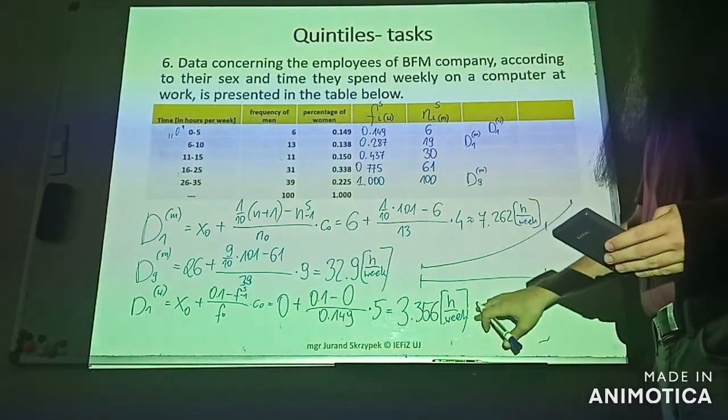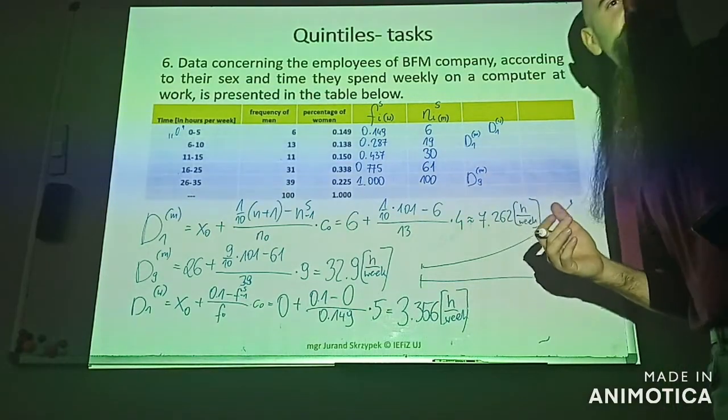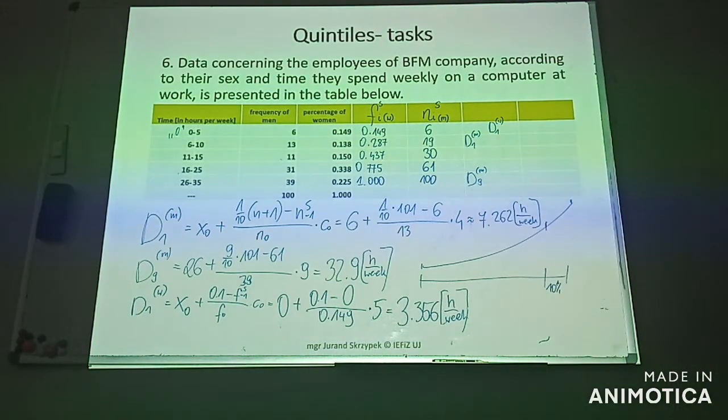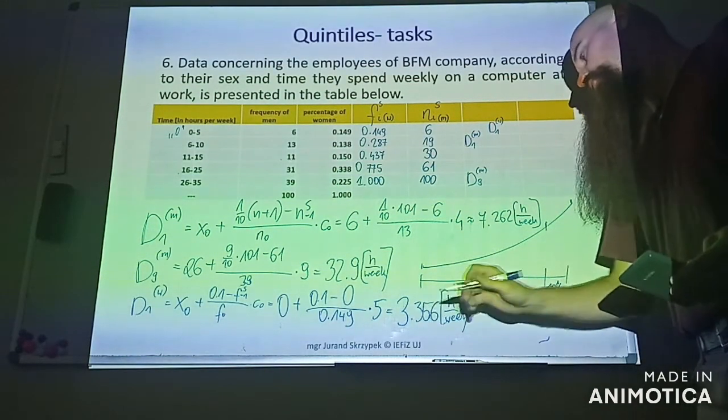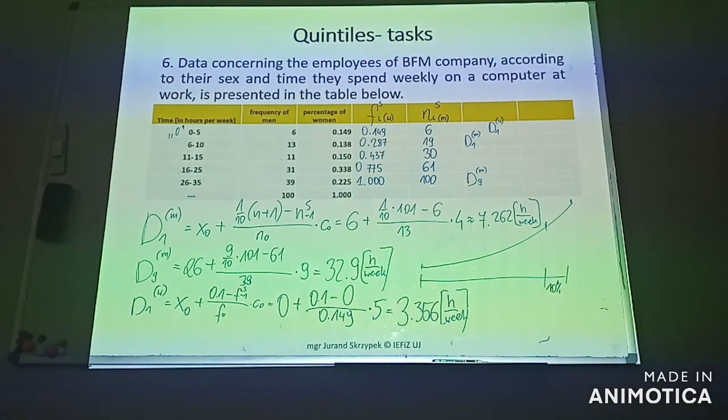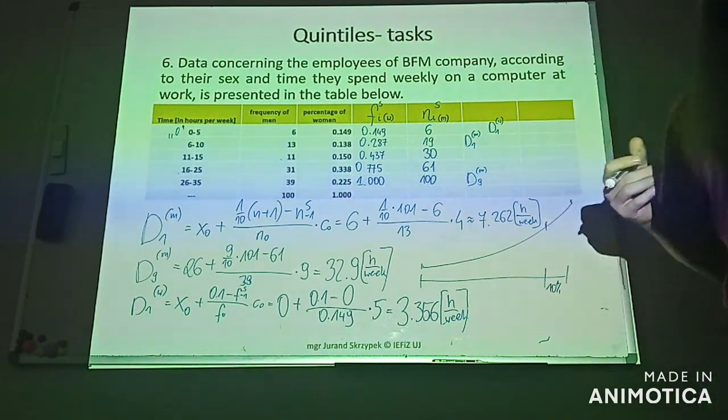The 10% of women who spend the least time in front of the computer are characterized by the variable value not greater than about 3.4 hours per week.